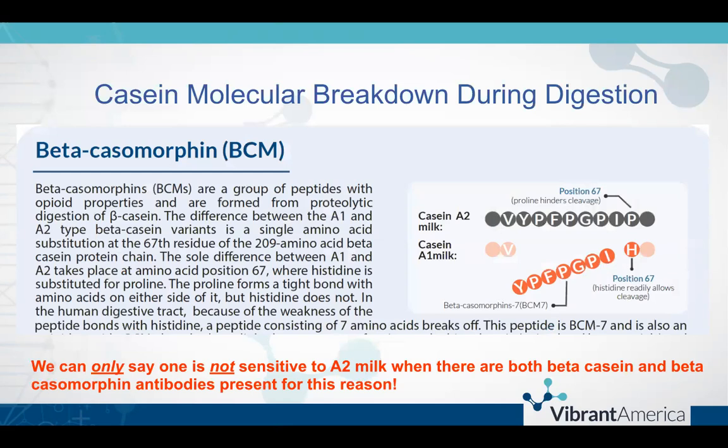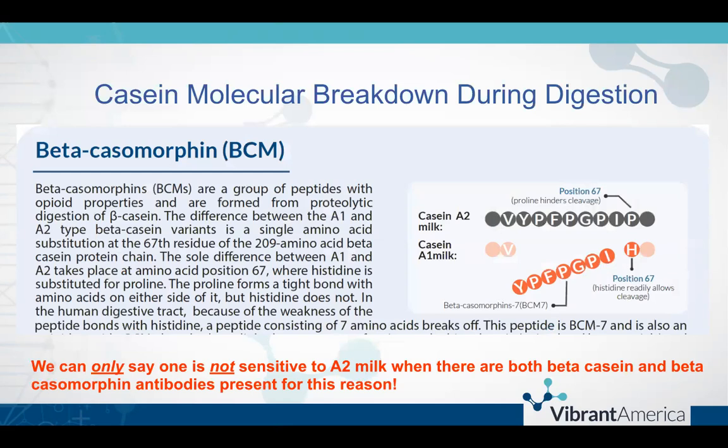So out of 209 amino acids, the only difference is at position 67. There is a histidine in A1, instead of a proline, where we're talking about A2. So it's incredibly similar. When we say it is the same antibody, it really is the same antibody.